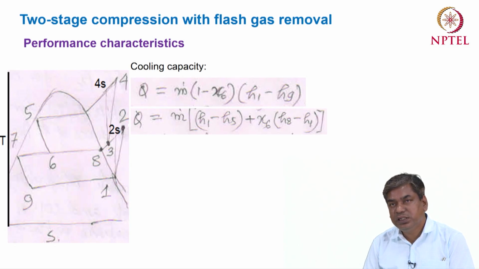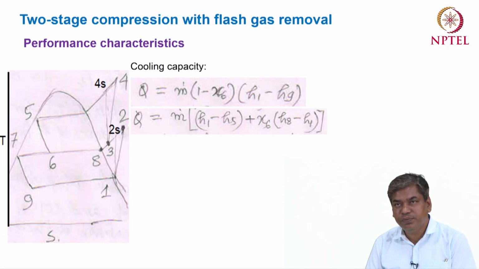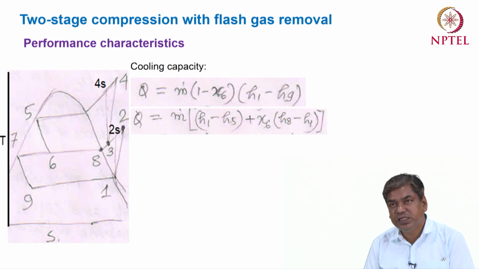This cooling capacity we can also write in this form: m dot into h1 minus h5 plus h6 into h8 minus h1. So in this equation we can see that h9 is also equal to h7.